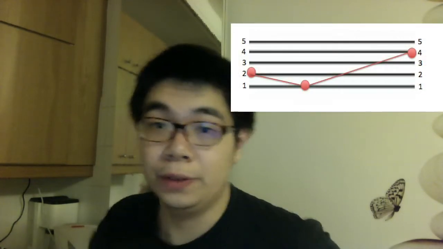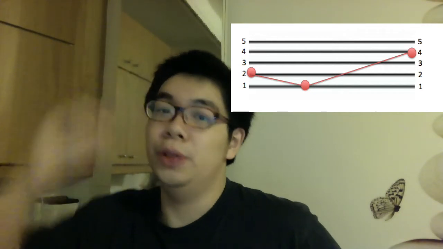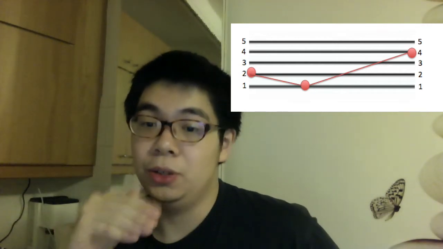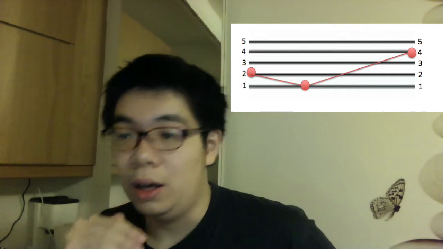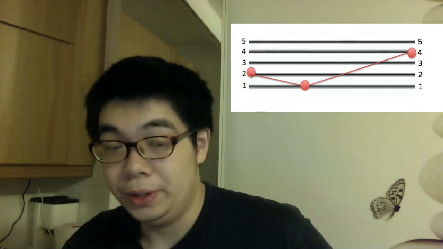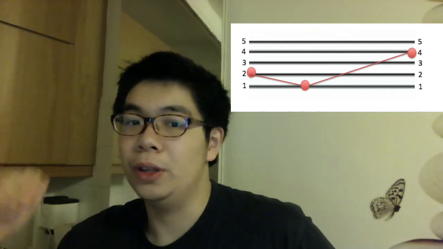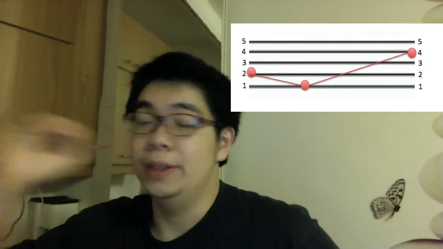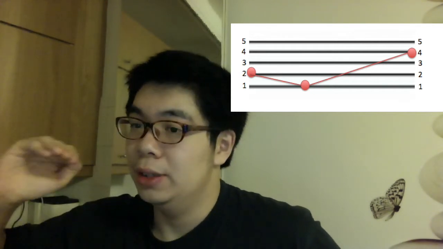Remember again, you actually start pretty low, at 2, and then you have to go down first to the lowest, and then you go up to 4. Not as high as tone number 1, but it's still pretty high. Move your head.